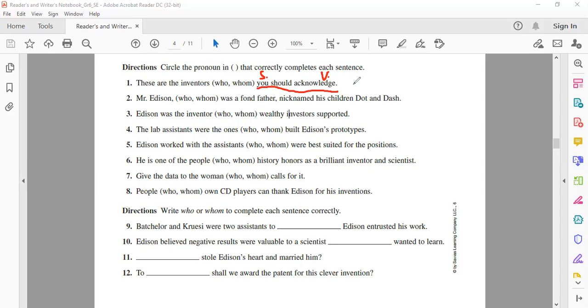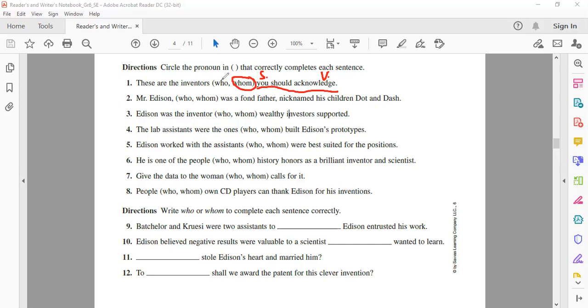What is missing? Object. And the one that stands instead of the object is who or whom? Whom. We said who is for the subject, and I need an object. So it would be whom, right? Yes. Whom for the object and who for the subject.